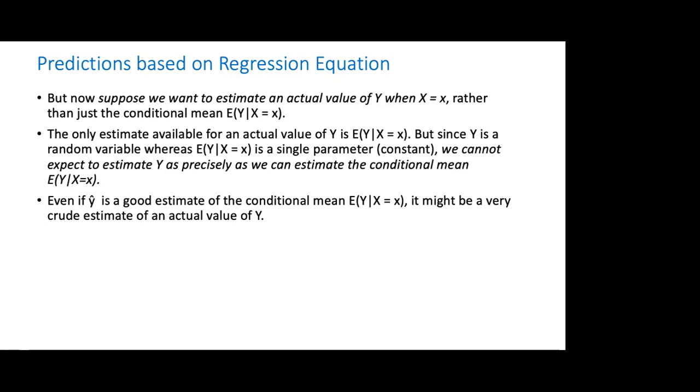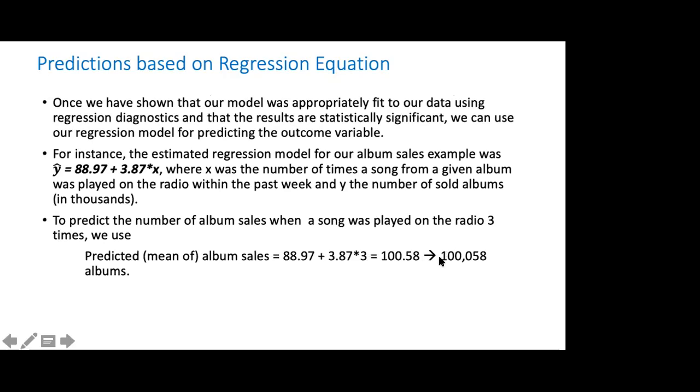So even though 100,000 might be a fantastic estimate of the mean sales numbers for all albums that are played 3 times on the radio, it might be that, let's say, we have 1,000 albums, and each of these albums is played 3 times on the radio. That was our entire population.